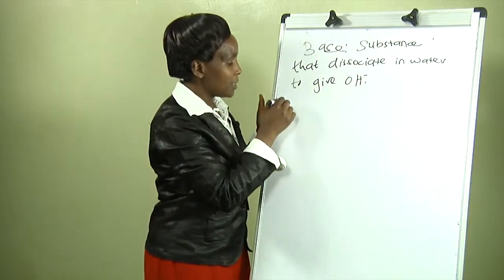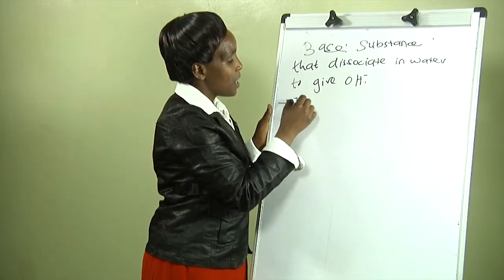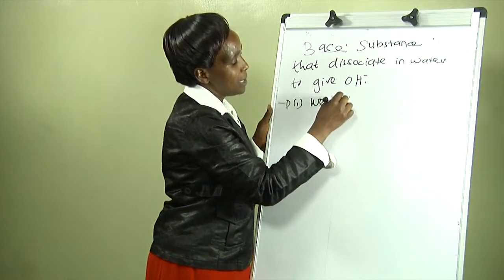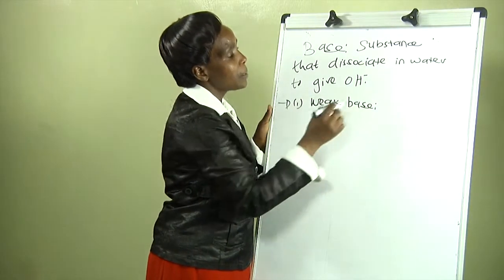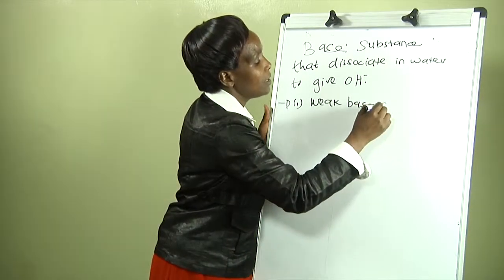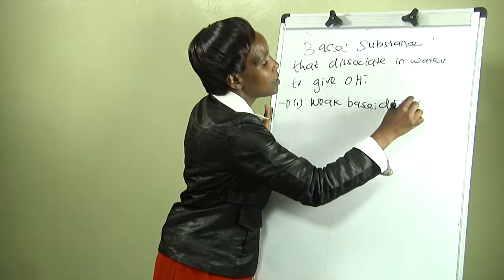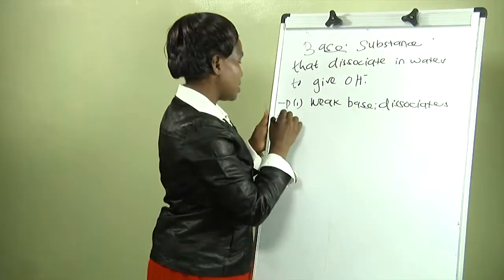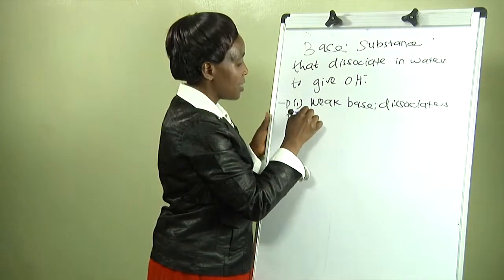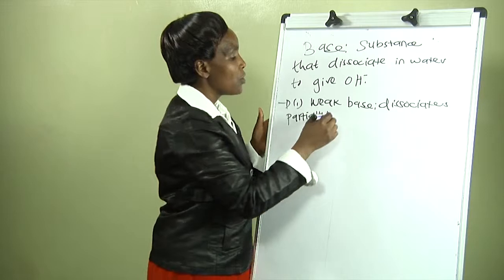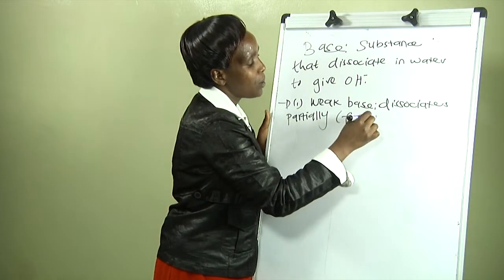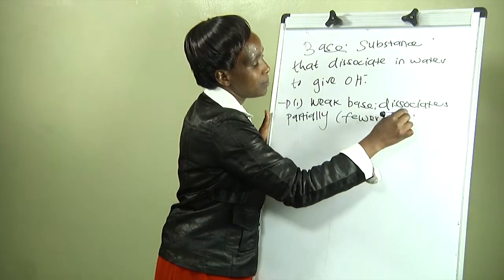And then we have seen they are divided into two. The first one, we are having weak bases. In weak bases, they are going to dissociate partially, and if it is dissociating partially, therefore you are going to have fewer OH ions.